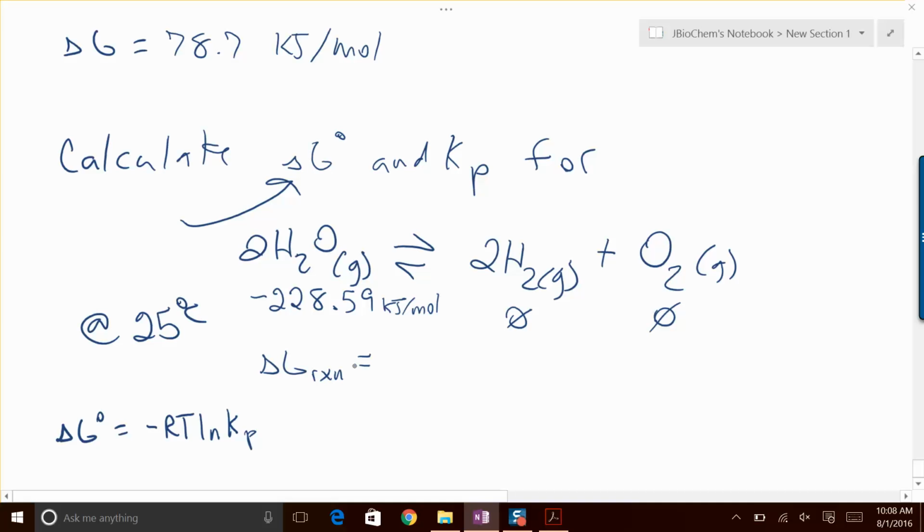Now the other reason I know I can use the table data is because the temperatures they gave me here are at 25 degrees Celsius and the table data is at 25 degrees Celsius.